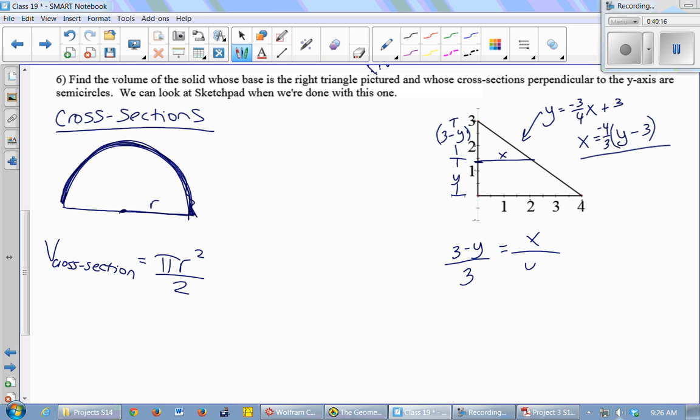Base of the big triangle is 4. 3x equals 12 minus 4y. X would be 4 minus 4/3 y. Same thing as you would get up here. -4/3 y plus 4 when you distribute the -4/3. So you can do either way.